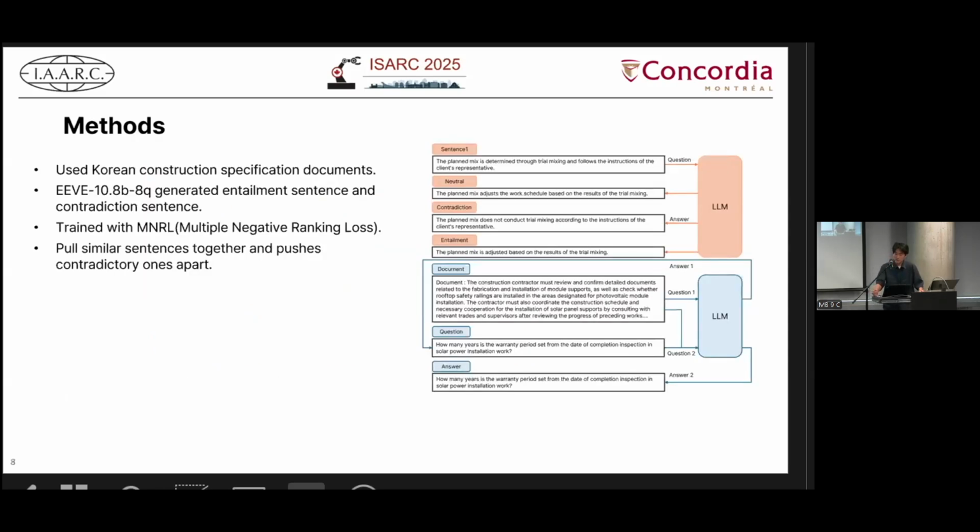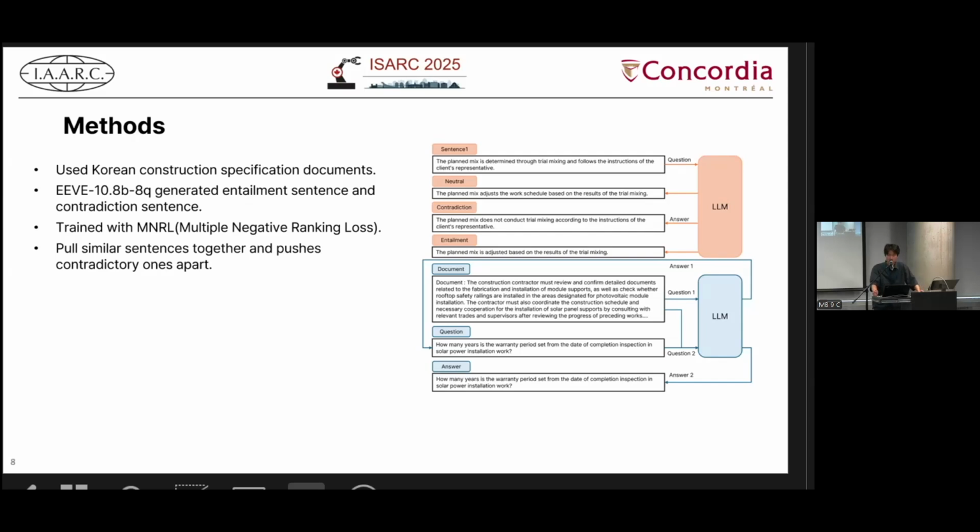This slide shows an example of the dataset and training setup. The EEVE model, a Korean LLM with 10.8 billion parameters, was used in 8-bit quantized format to fit GPU memory constraints. The top image shows an example of the training dataset.